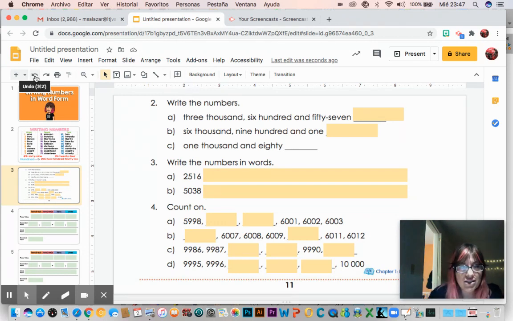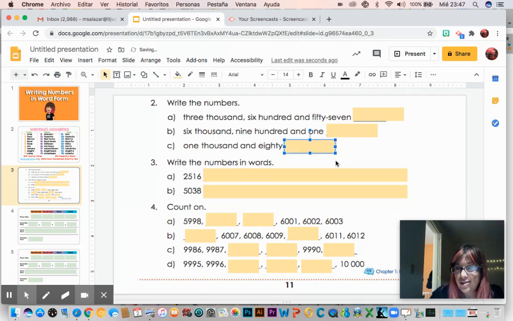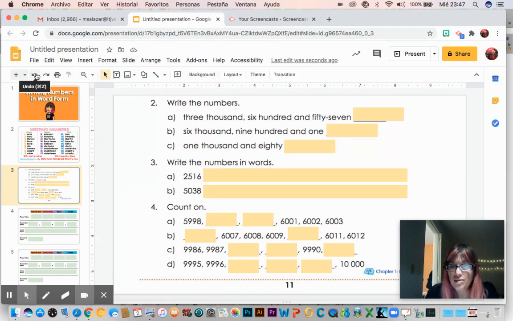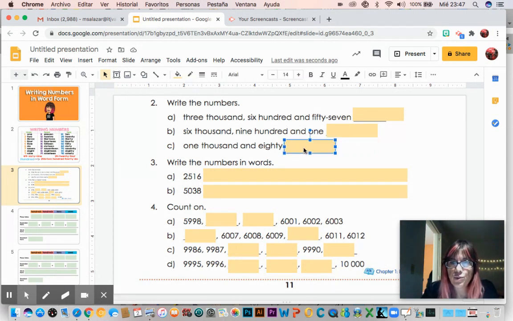So if I click undo, look what happens. It appears. So you can do that. When by accident you do something, immediately go here and put undo. Let's undo that. Okay?